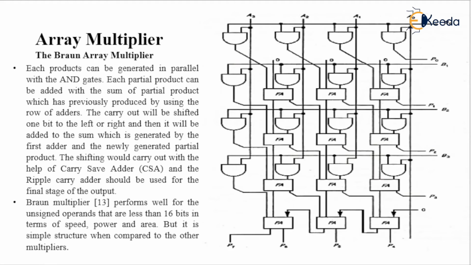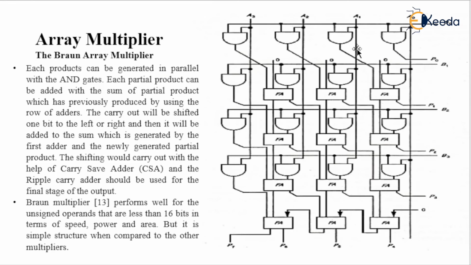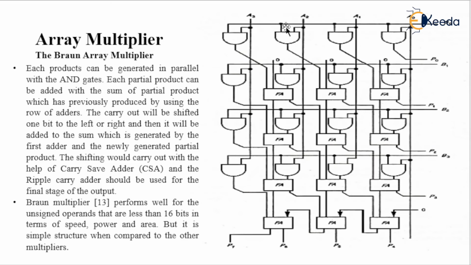I am loading these values in the A register: A3 with 1, A2 with 1, A1 with 1 and A0 with 0. So 14 is represented here, and that value is the multiplicand.